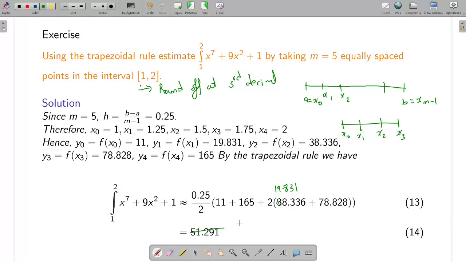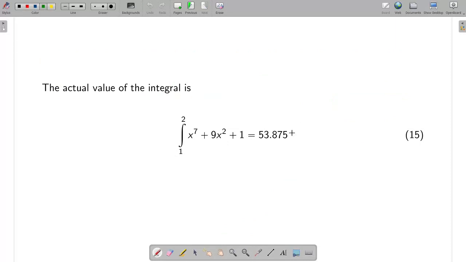The value that you get here would be 56.249. This is what you will get here, and if you look at the actual value, it is just 53.875.